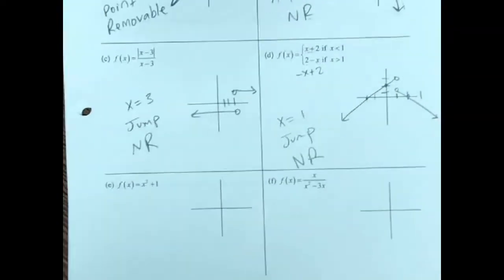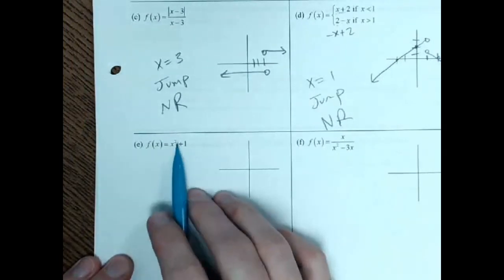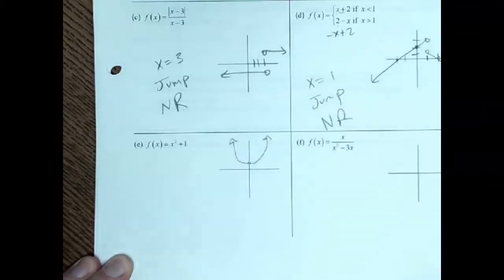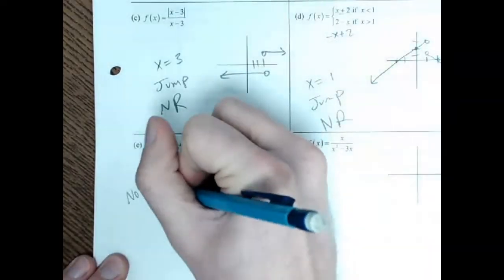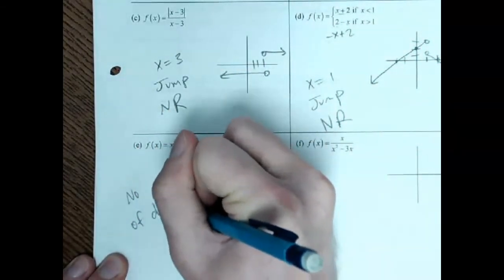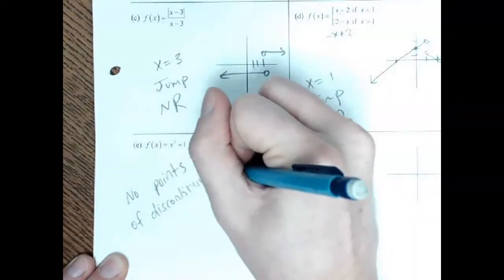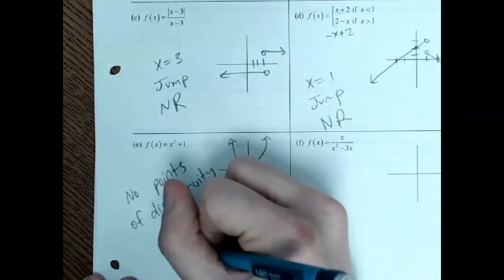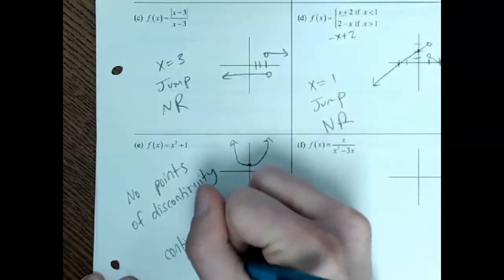Part E, sorry, getting ahead of myself. Part E, let's see, that's a parabola shifted up 1 unit. That one is not going to have any discontinuity, right? So no points of discontinuity. It's continuous for all real numbers.